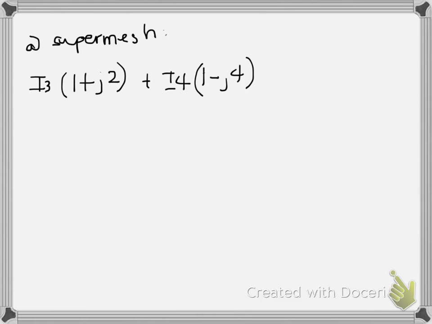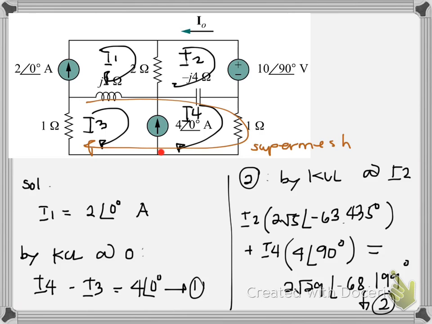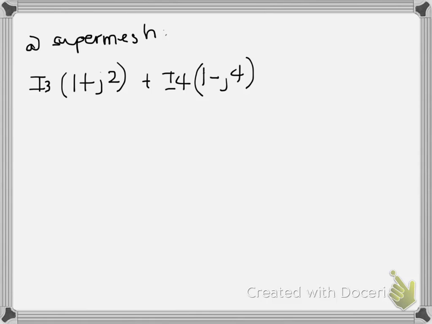Okay, so just to review, for the super mesh, take I3 and I4 as positives. The other two meshes, I1 and I2, are their neighboring meshes, so I1 and I2 are negatives. So we have I1 times J2 minus I2 times negative J4.